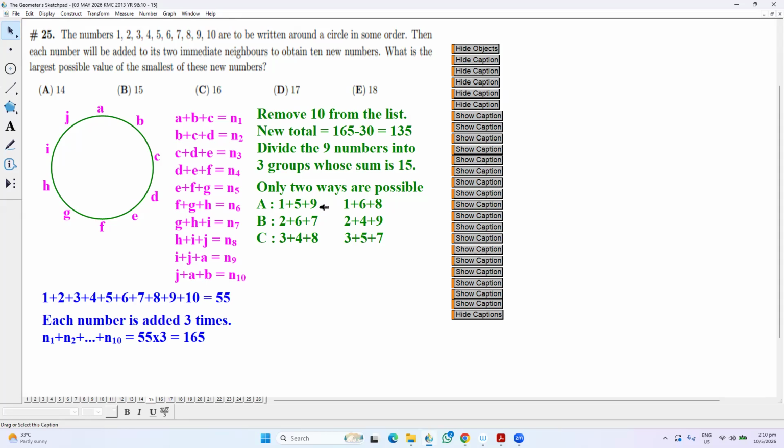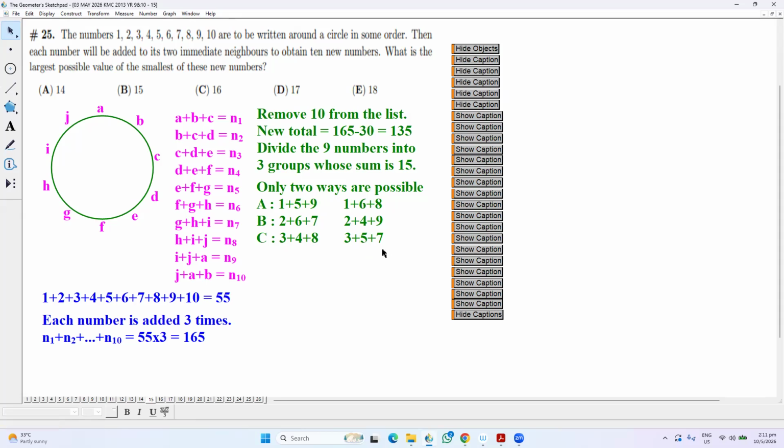So we have 15. If we have 2, we need 13, so 6 and 7. If you have 3, we need 12. 12 plus 3, 15. So this is the first way. The second way, 168, then 2 plus 13, 3 plus 12.